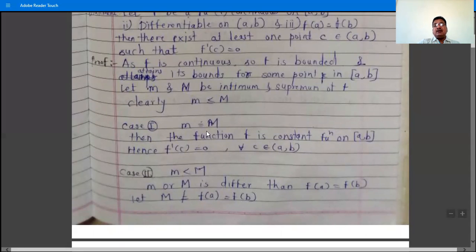When the supremum and infimum are the same, the set contains only one element. If the set contains only one element, then the supremum and infimum of that set are both the same.